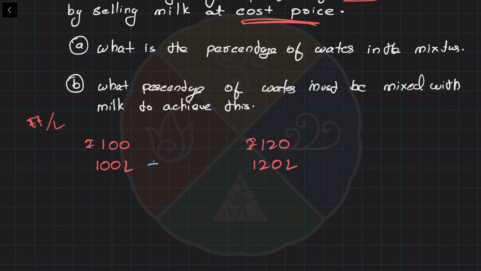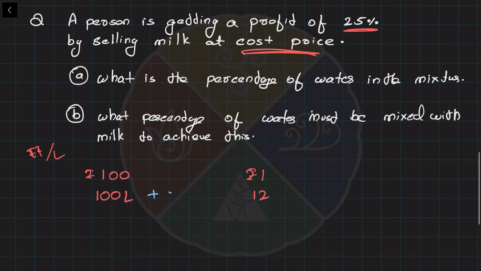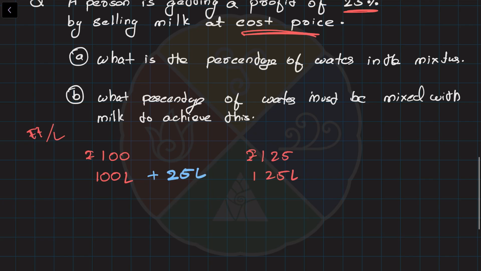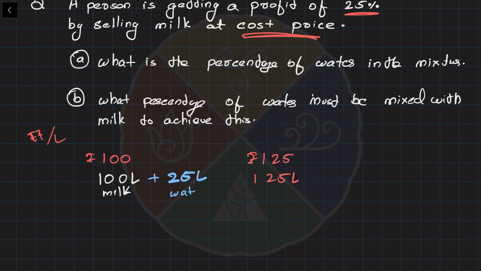That can only happen by adding 25 liters of water. So for every 100 liters of milk, the person is adding 25 liters of water to create a mixture of 125 liters. So this is the scenario.